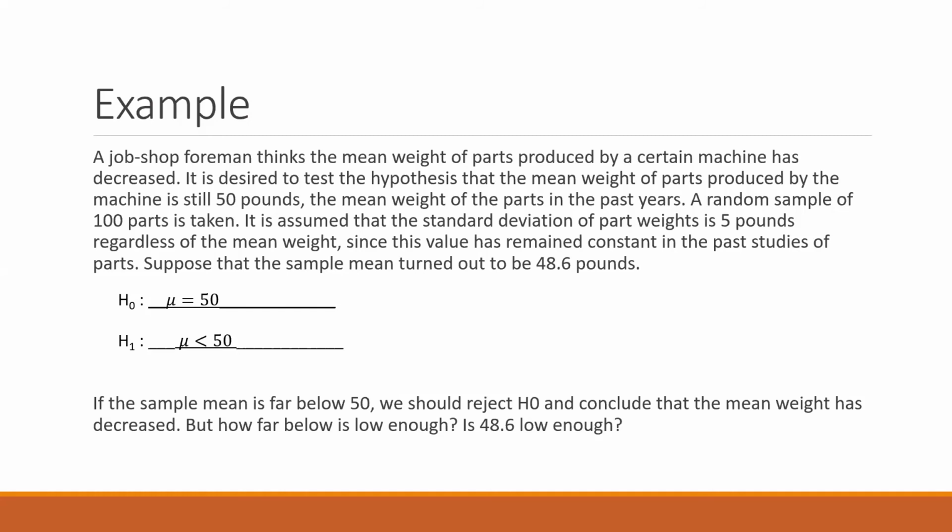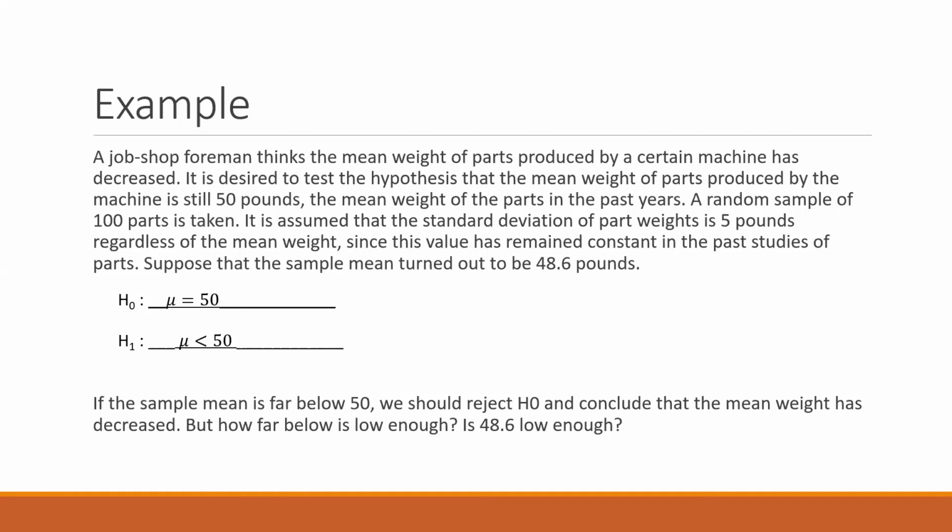We want to know if the sample mean is far below, we want to know whether this drop shop foreman's opinion is correct or not. And you can take this as kind of quality control, right? If the average weight is supposed to be 50 pounds, then we want it to stay that way.